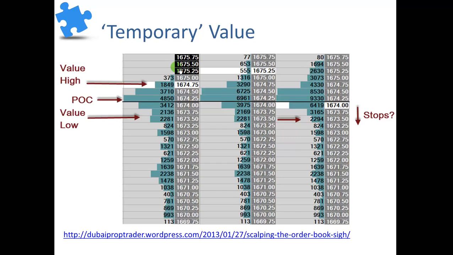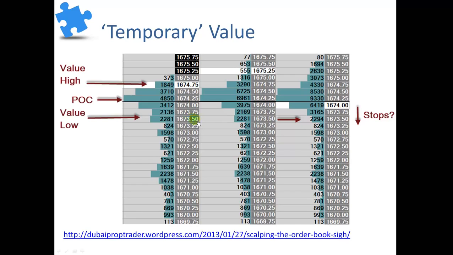Now, what we traditionally call a value area is effectively where you take the highest volume price for the day and grab 70% of the volume around that. In terms of a temporary value area, 1673.50 here would be our value low.